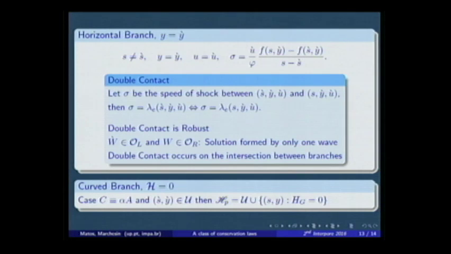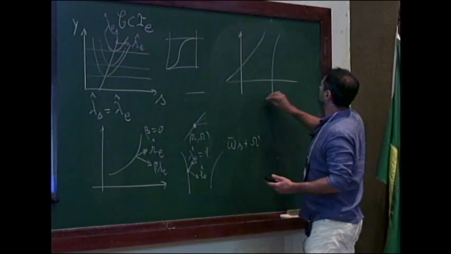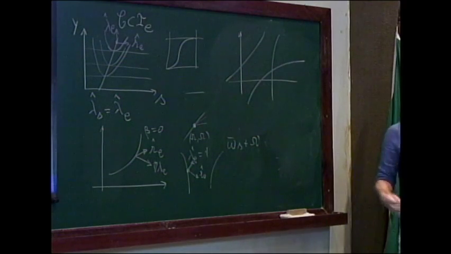Well, let me see. I will tell you just one more thing: if we compute the curved branch for a point on the contact curve, imagine that the contact curve is like this, I don't know, something.